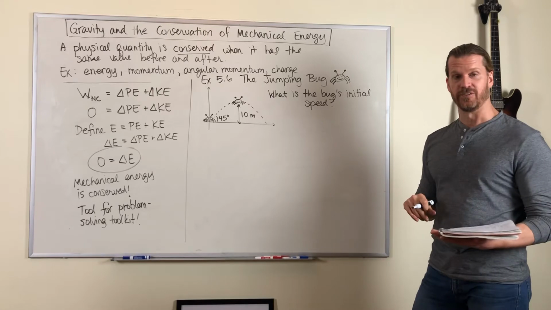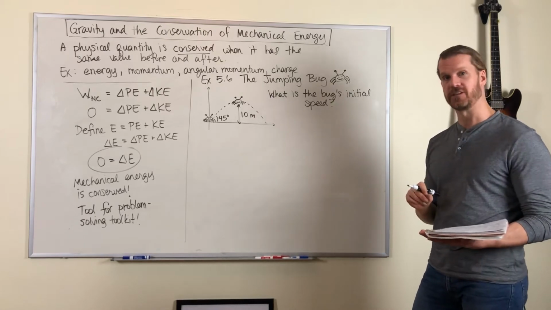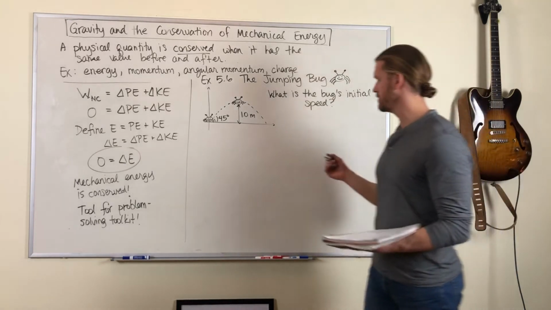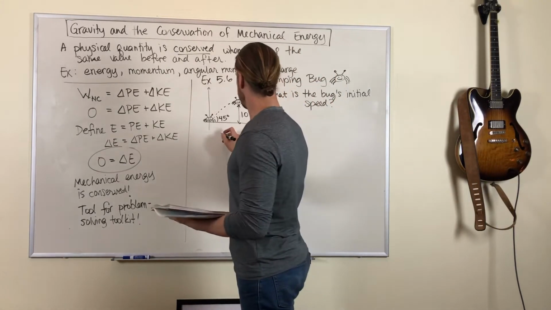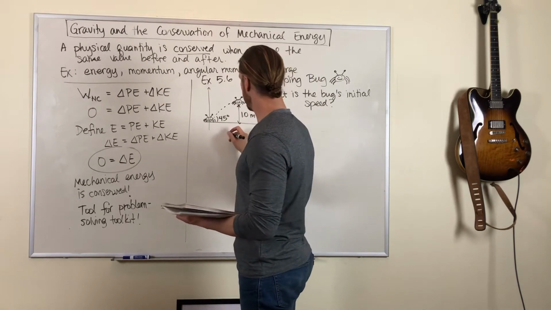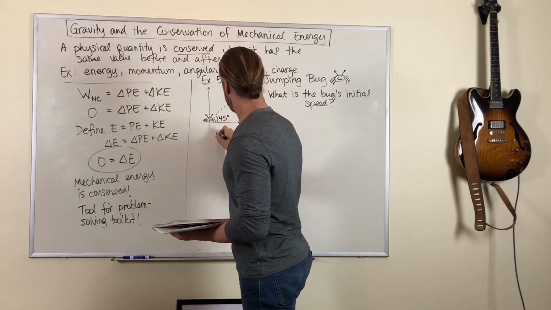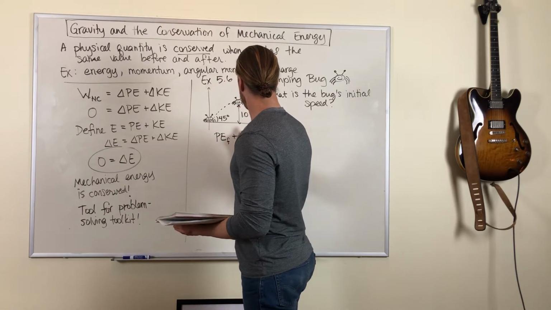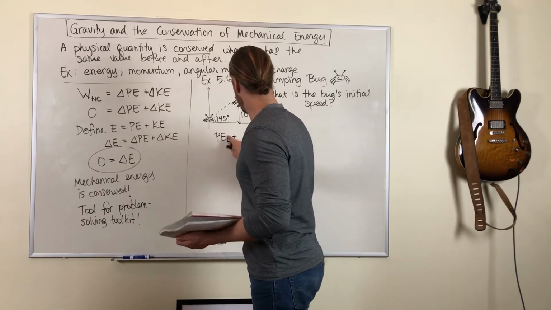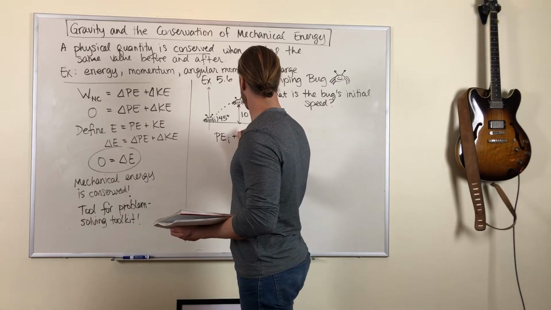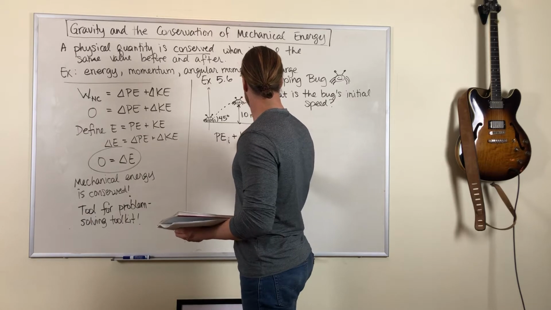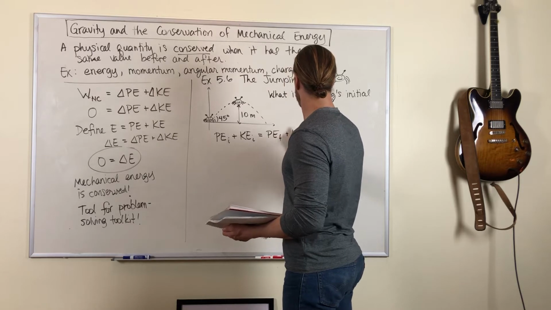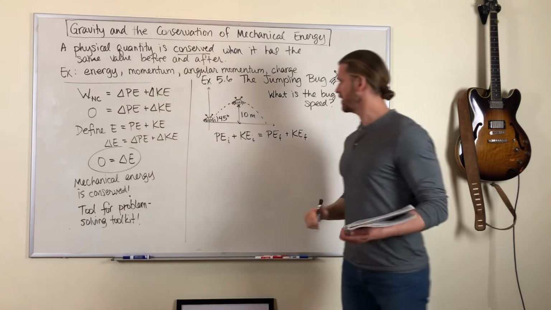We can if we use conservation of mechanical energy along with a little bit of our knowledge from kinematics. So we set it up in the same way as we set up the previous problem, where we write this conservation of mechanical energy equation as initial potential energy plus initial kinetic energy equals final potential plus final kinetic.